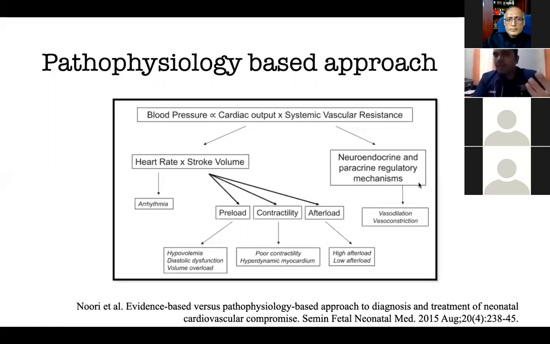So in cases where vasodilatation is the problem, what do you do? You make use of pressors and cause vasoconstriction. Where you have a problem with contractility, what do you do? You use agents with inotropy and chronotropy. And again, when the afterload is high, like typically after PDA surgery, once the PDA is ligated, the afterload typically shoots up.